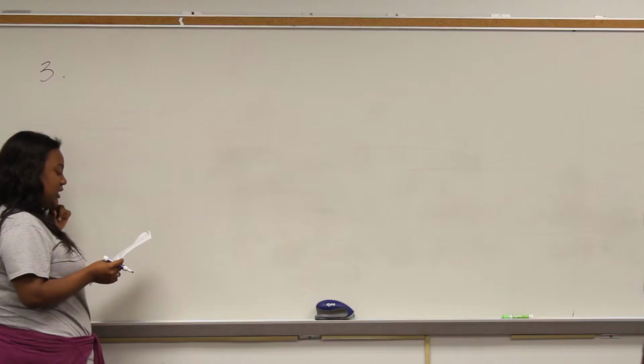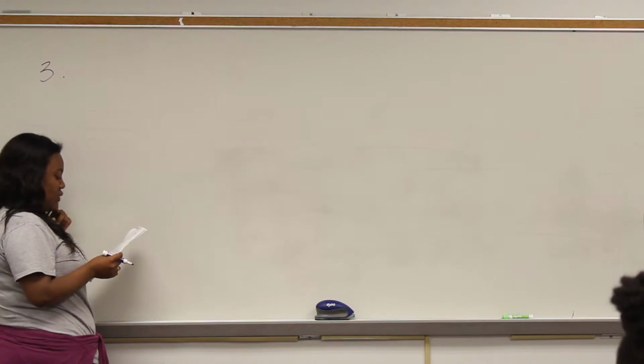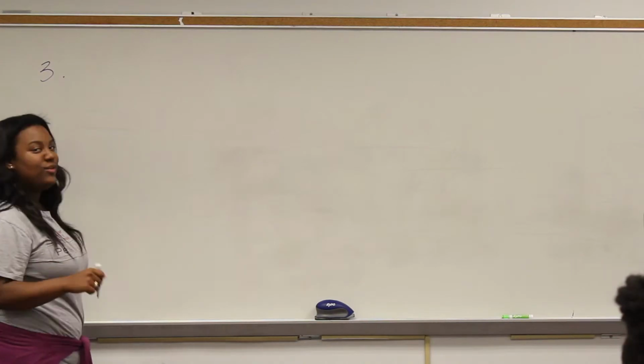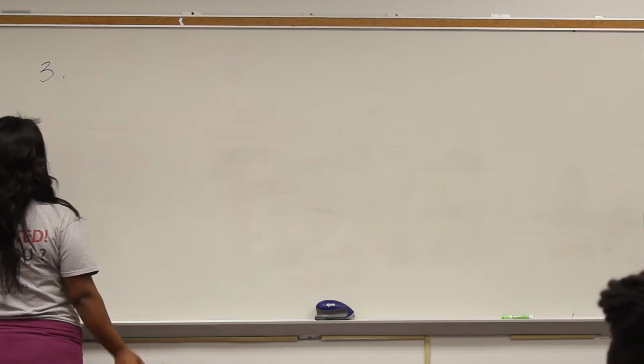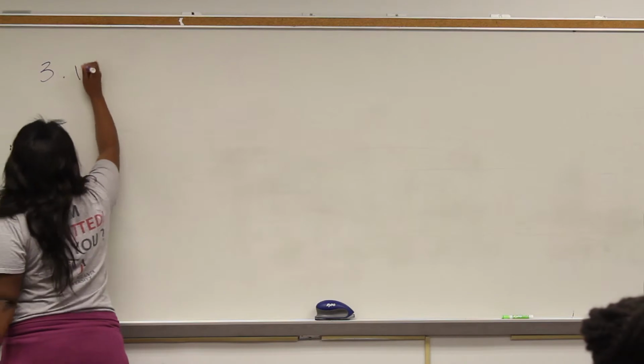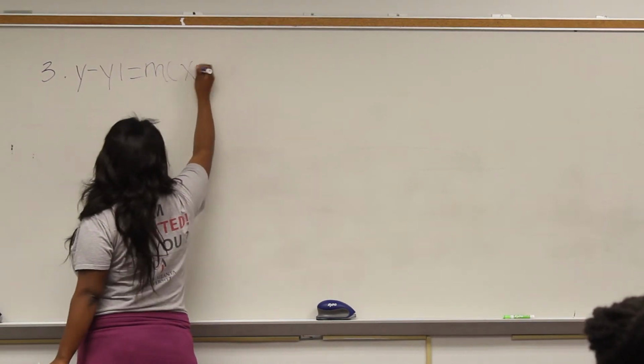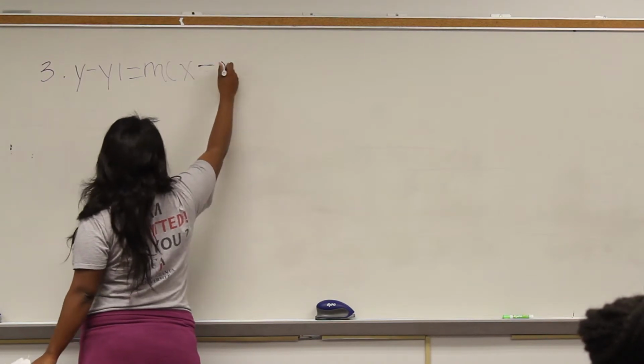Number 3 says find the equation of the tangent line to y equals x squared plus x and in the parentheses they have 1, 2. So first you write the point slope formula, which is y minus y1 equals m times x minus x1.